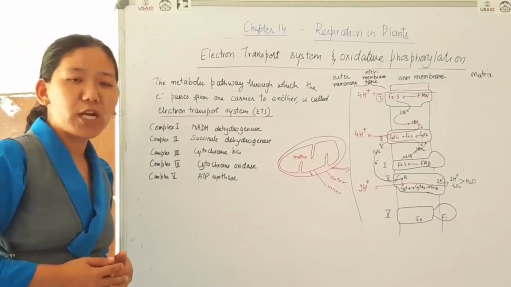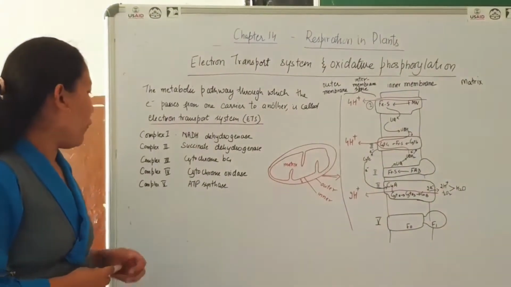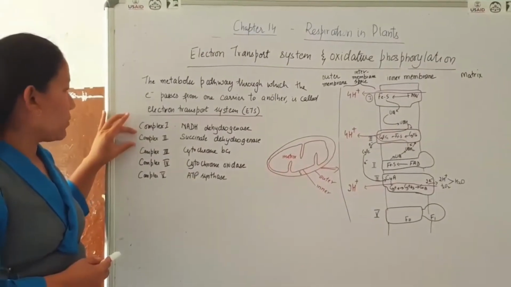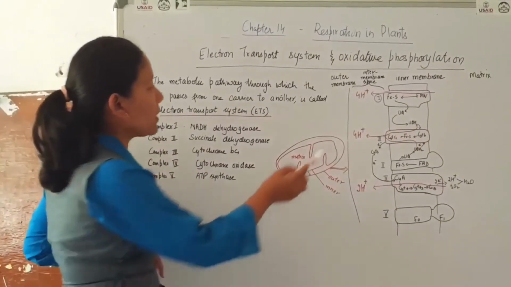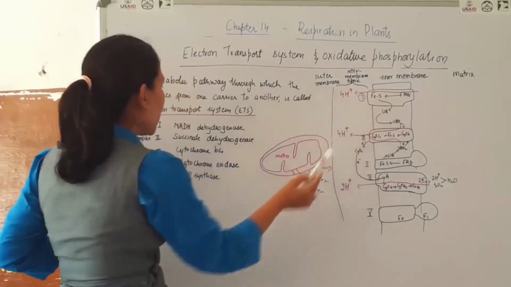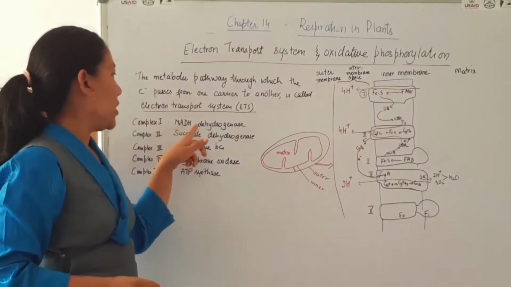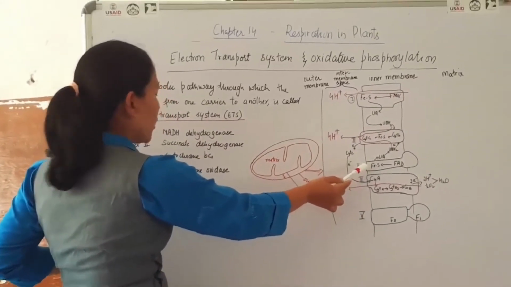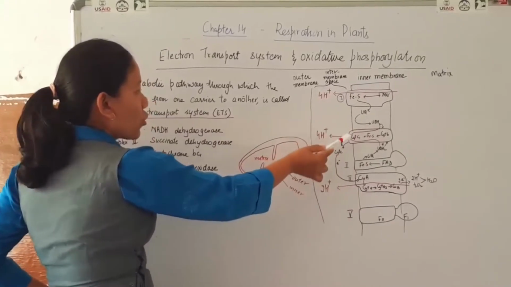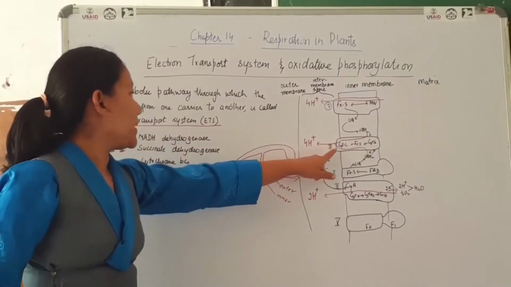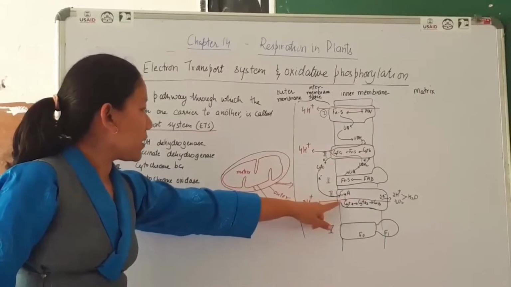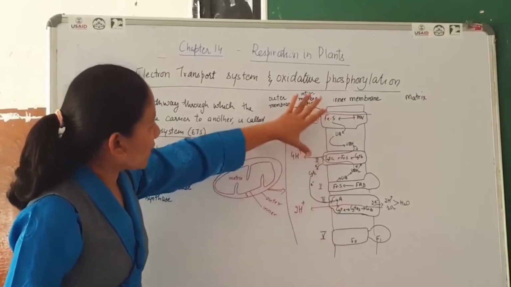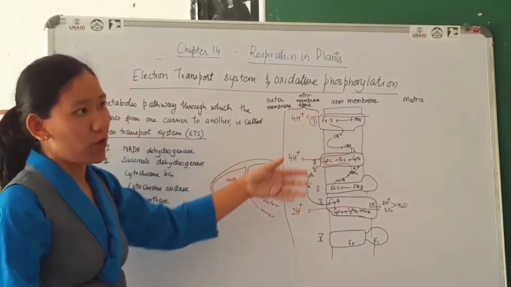It consists of four main complexes: complex 1, NADH dehydrogenase; complex 2, succinate dehydrogenase; complex 3, cytochrome bc1 complex; and complex 4, cytochrome oxidase. These are the complexes to which electrons are transferred.